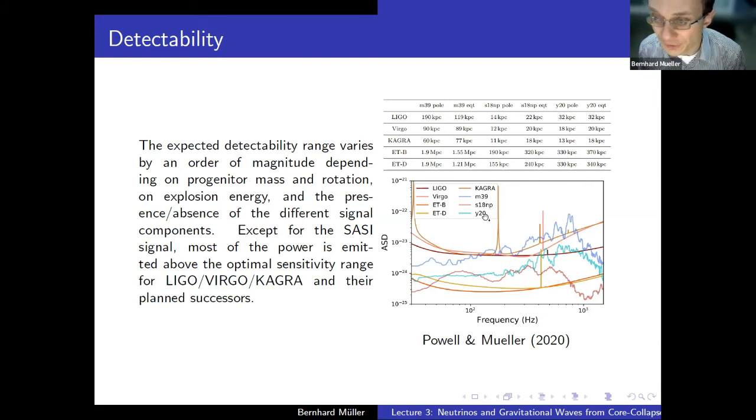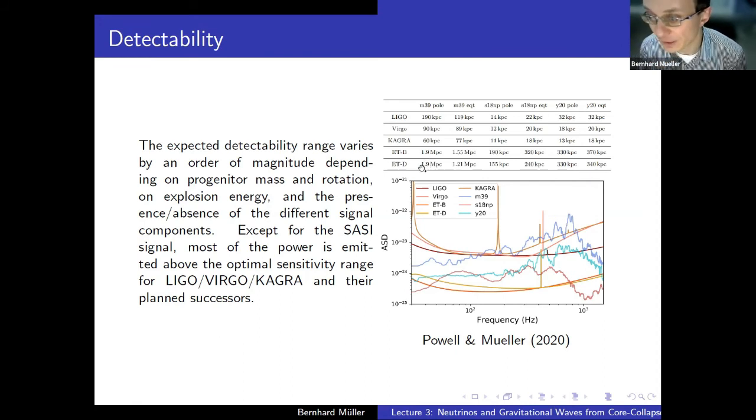And for very strong ones, you might sometimes even see them in the Large Magellanic Cloud, even with current instruments. Yeah, and with the strongest gravitational wave emitters, you might be lucky with third generation instruments and actually detect them even in Andromeda, if our signal models are right.